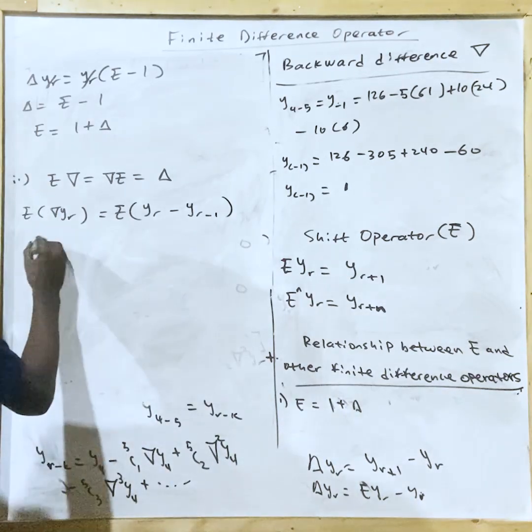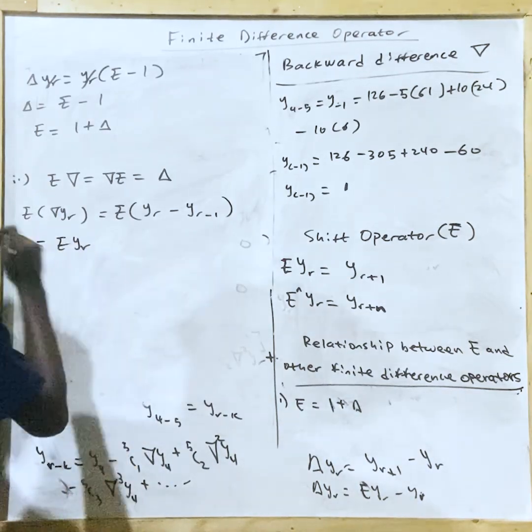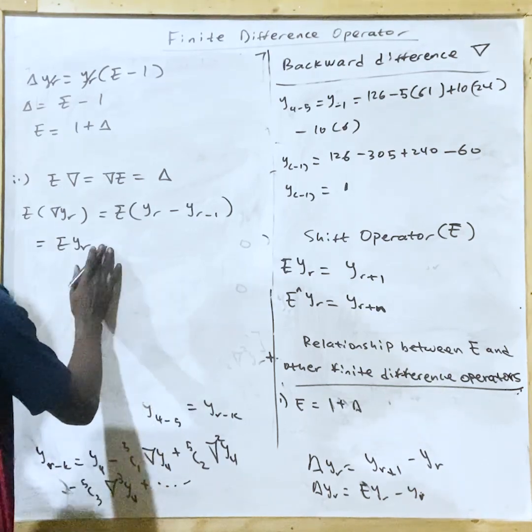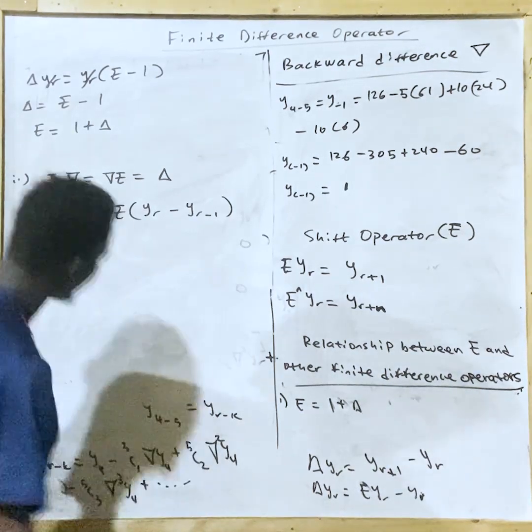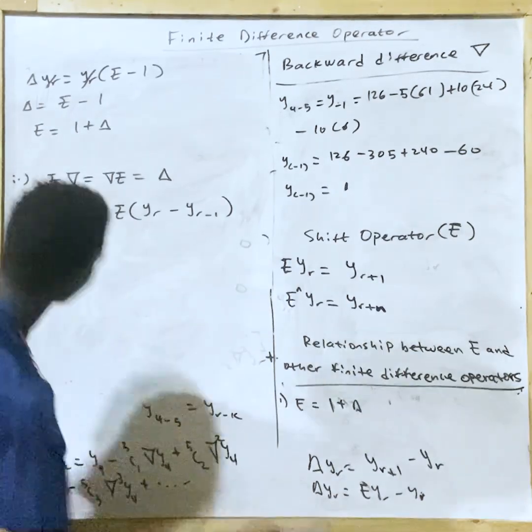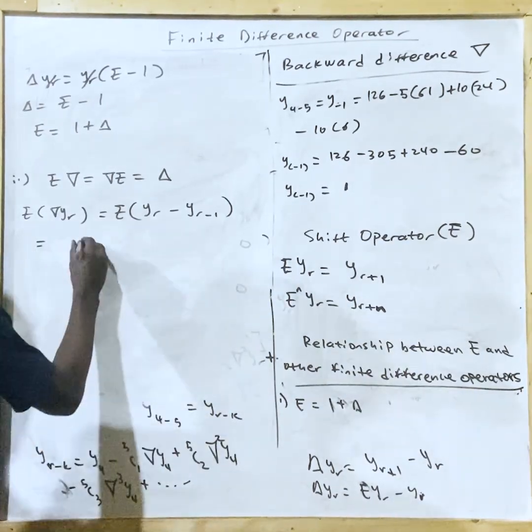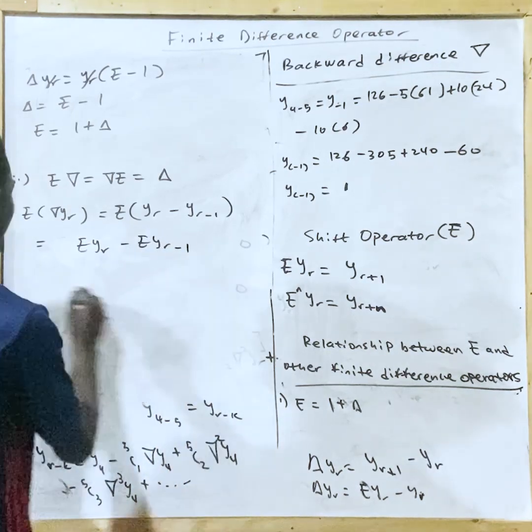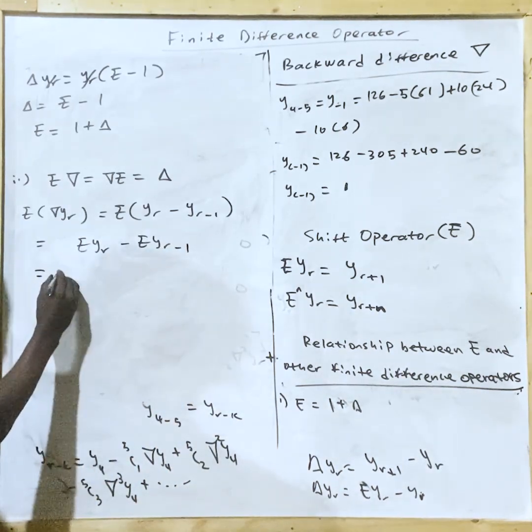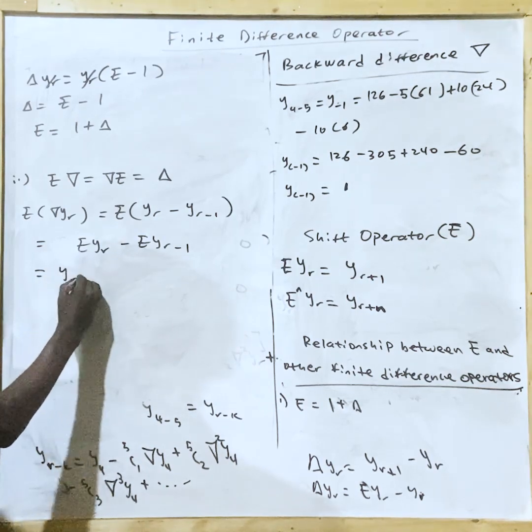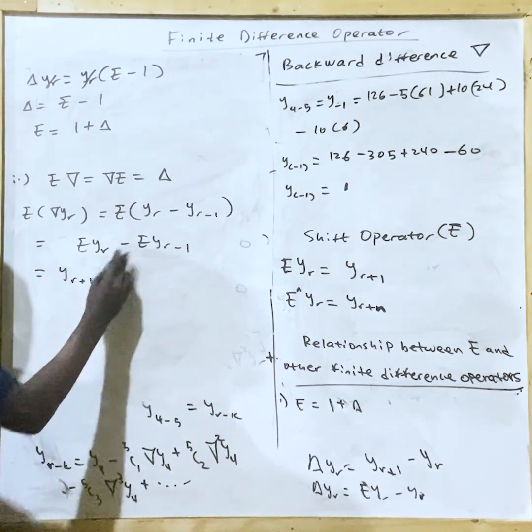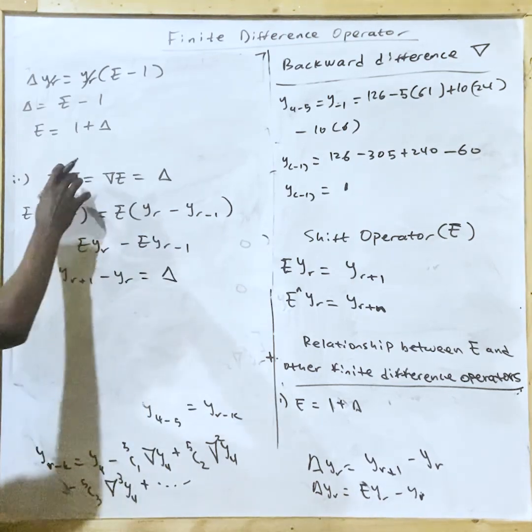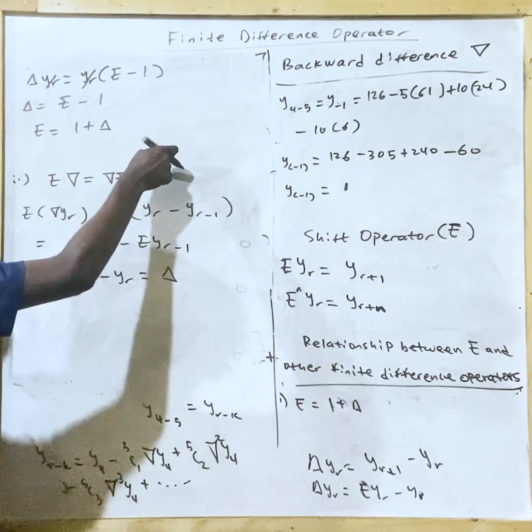So what is E yr? E yr minus E yr minus 1. You're shifting it by 1, so that's yr plus 1 minus yr, and this is forward difference. So I've shown that this is equal to this.